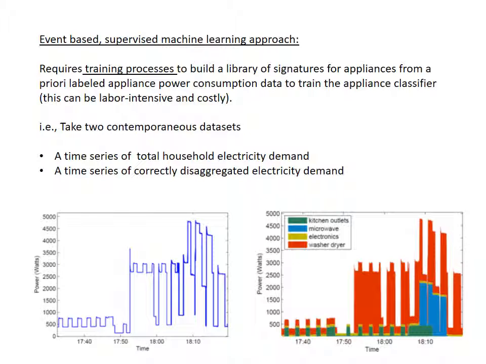For example, a dishwasher or a clothes washer may use different levels of electricity at different times during one complete cycle.